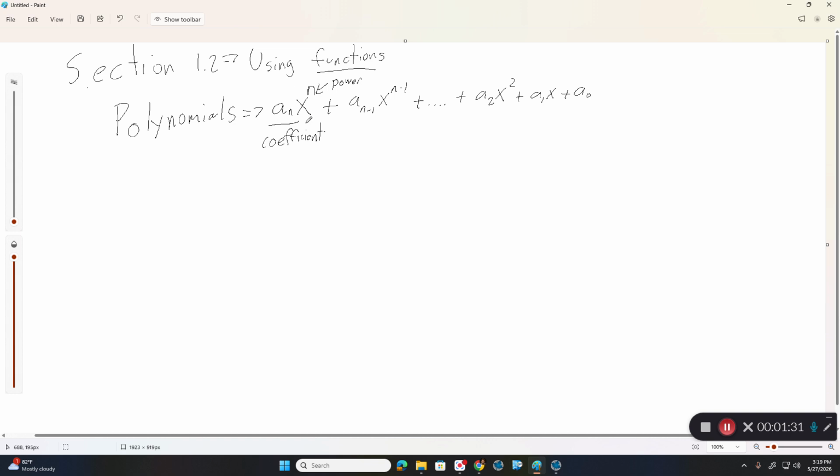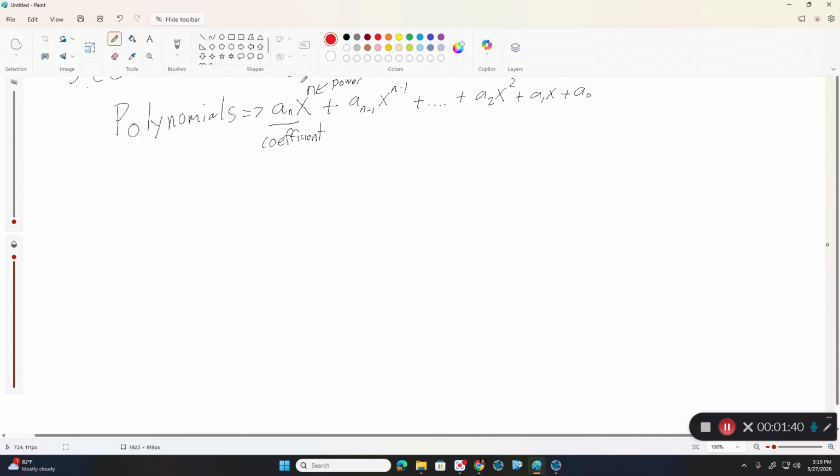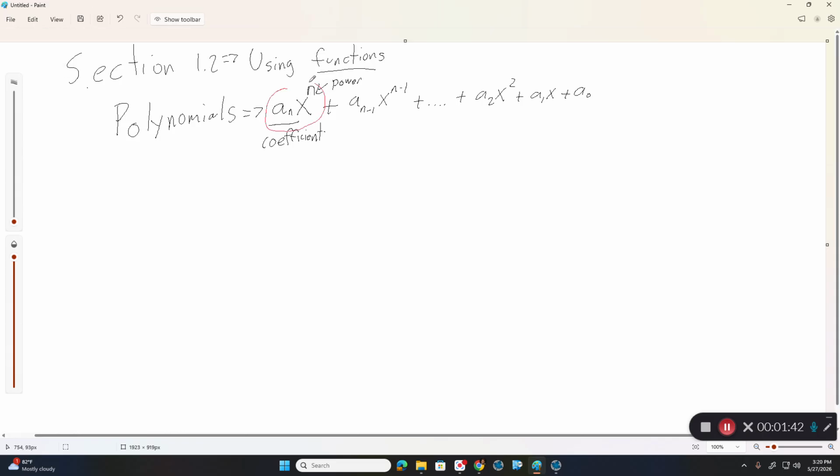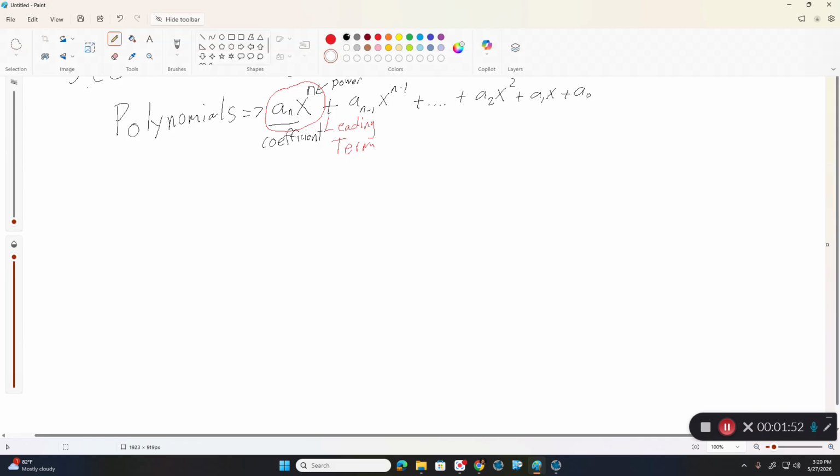And I will point out, a lot of the coefficients turn out to be zero. It turns out the highest term that we actually see there, what we sometimes refer to as the leading term, defines the polynomial in a very specific way.